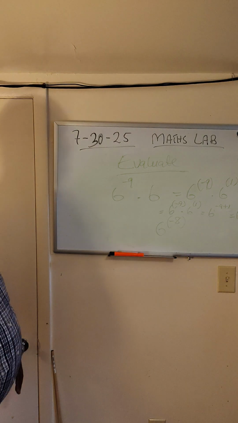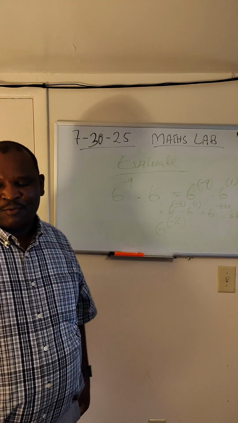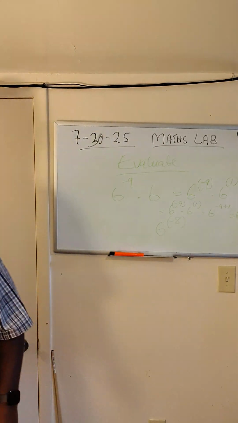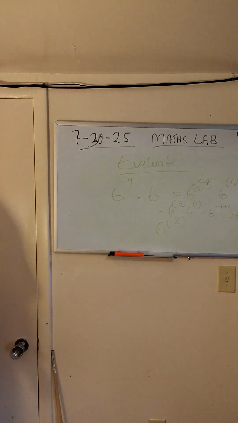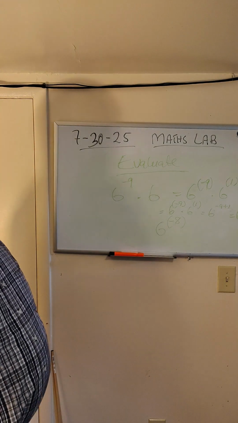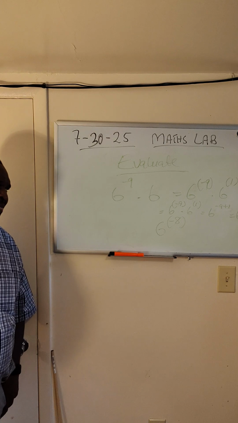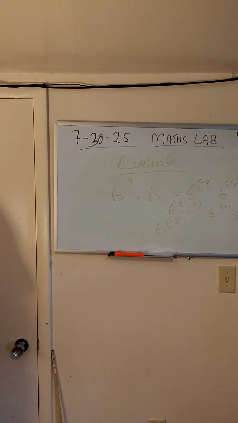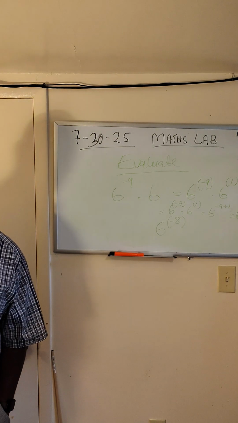And now remember your calculator, the one we used earlier. Plug it into your calculator. You say 6, and then you plug in the power of -8. Remember, it's not 6 times -8.